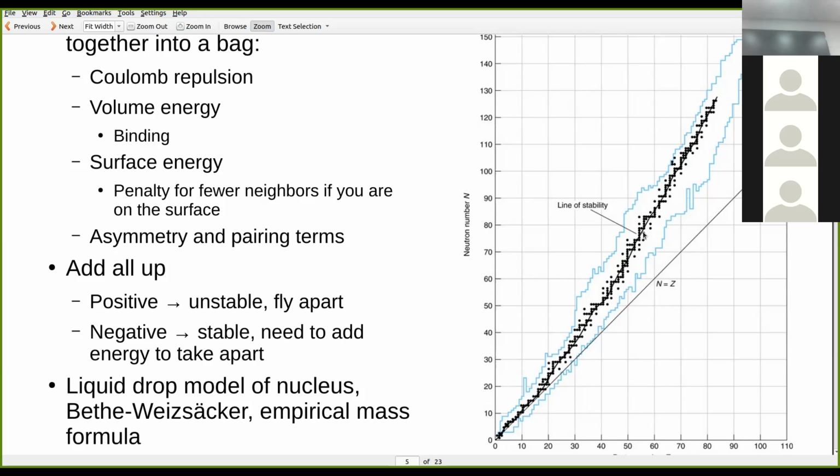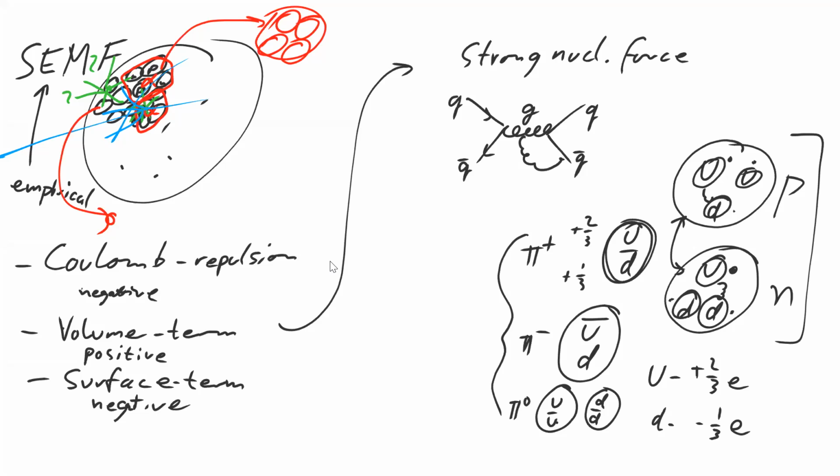Let's look at what that looks like in the form of equations. All right, let me go to a new page. Okay, so let me use black.